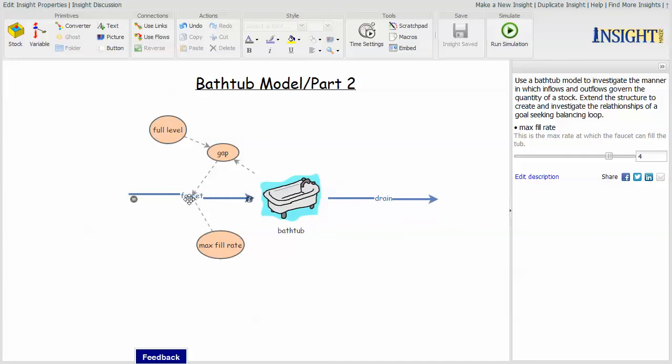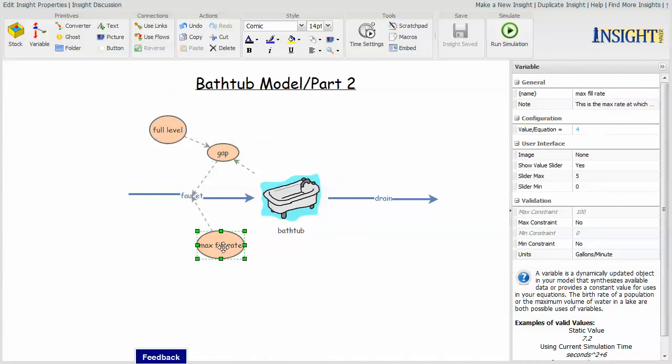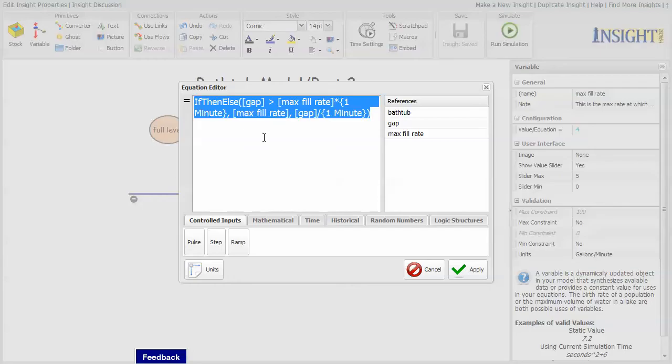Looking at the faucet, the gap is in gallons, the fill rate is in gallons per minute, and the formula defined for the faucet looks to see if the gap is greater than the maximum fill rate. To get the maximum fill rate to be in units of gallons so that we can actually compare the two of them, we have to multiply it by 1 minute to get rid of the gallons per minute units associated with the maximum fill rate.